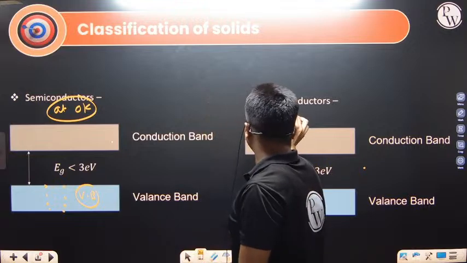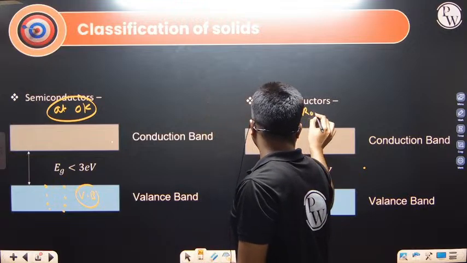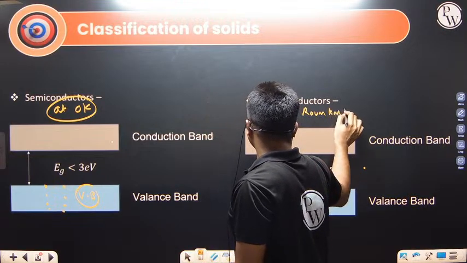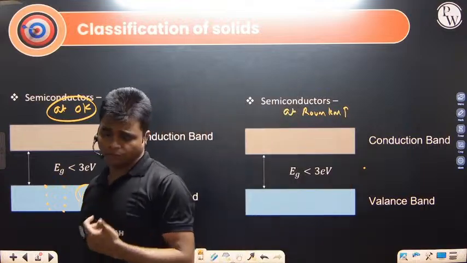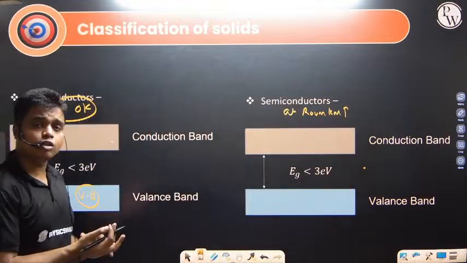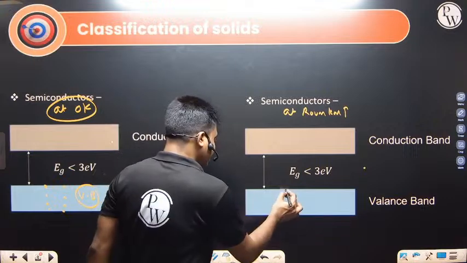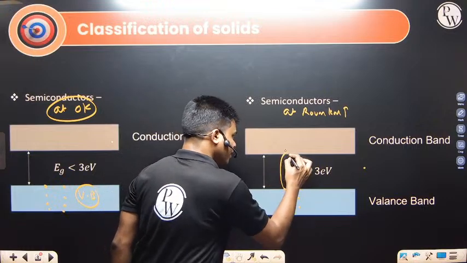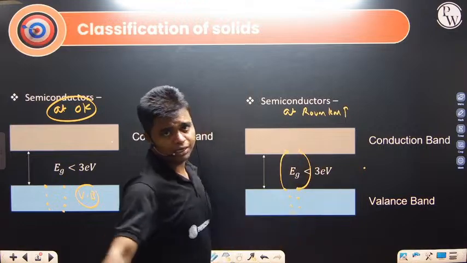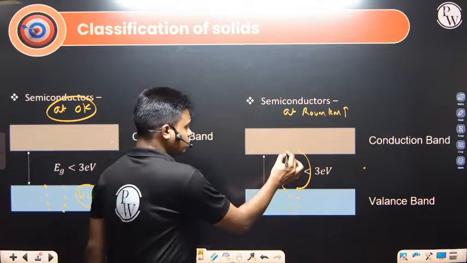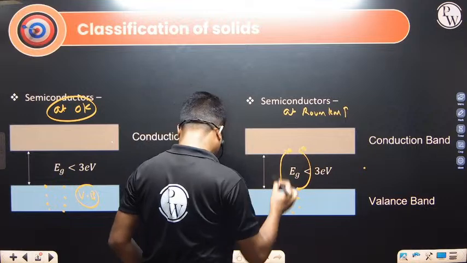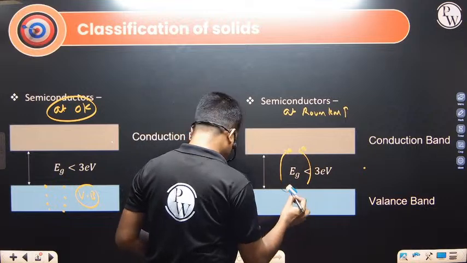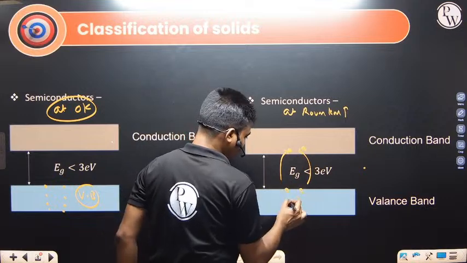On the other hand, at room temperature, as the temperature increases from 0 Kelvin to room temperature, which is 298 Kelvin, electrons get energy. As the electrons get energy, some of the electrons from the valence band jump into the conduction band, leaving behind a vacant space in the valence band.